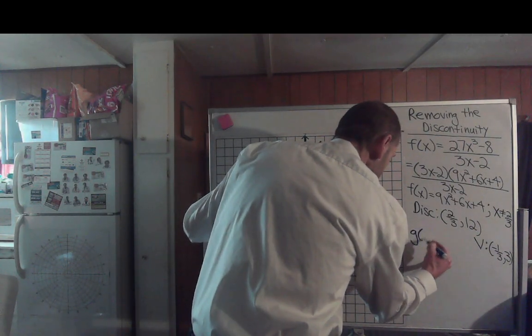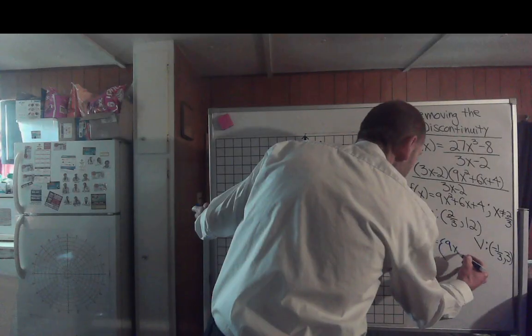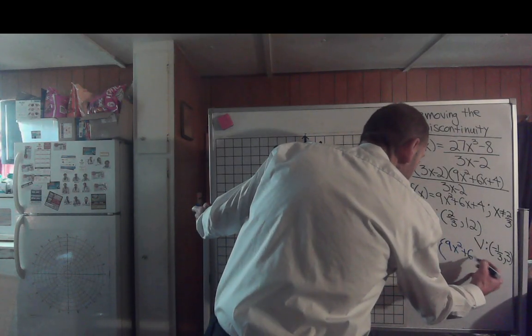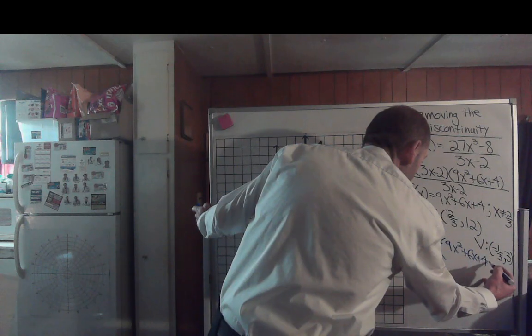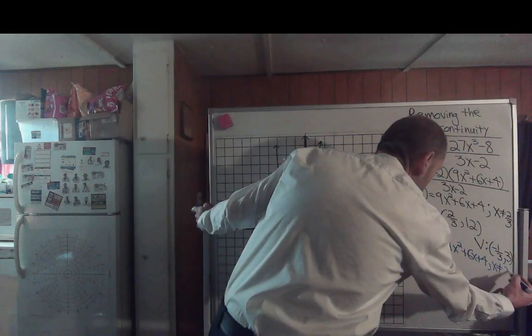So set up a new function g of x, a piecewise function where it equals 9x squared plus 6x plus 4, where x does not equal 2/3.